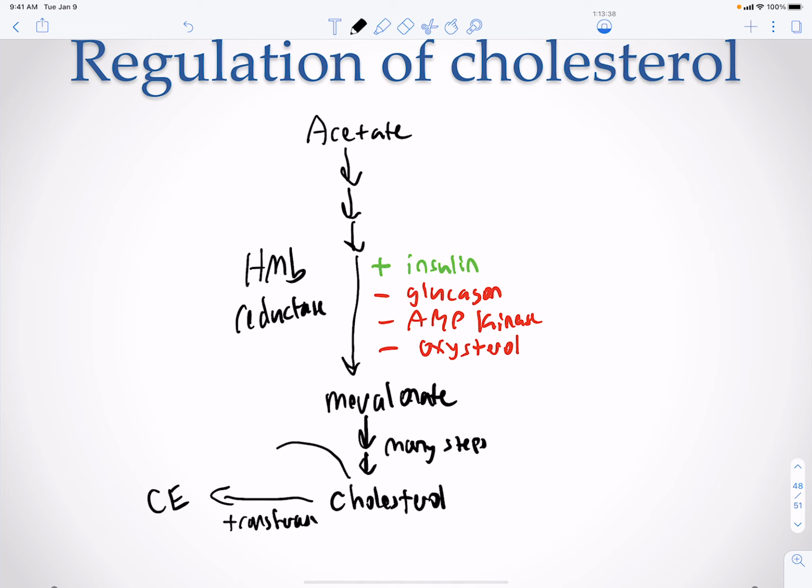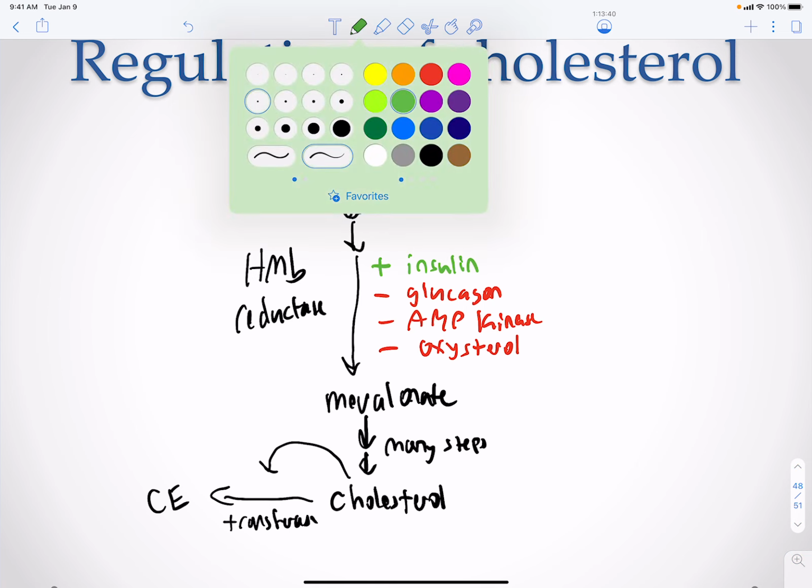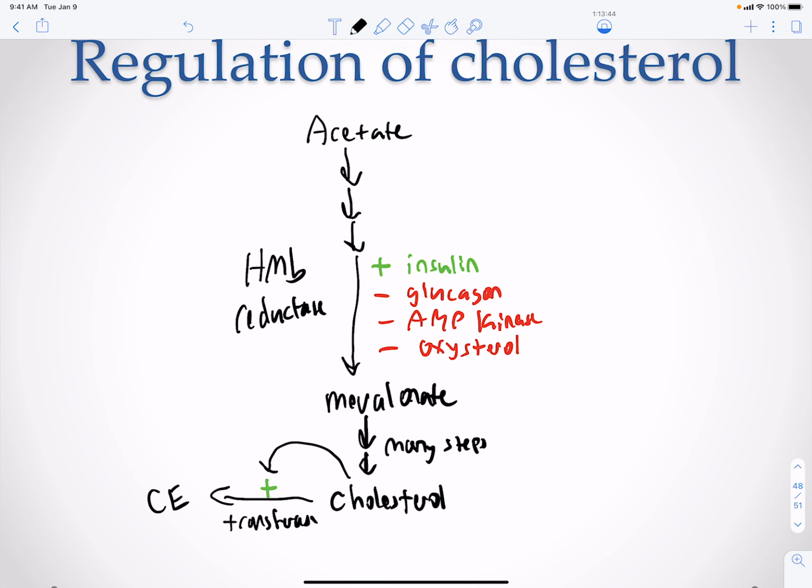And then cholesterol will be a positive regulator of this transferase. Now, alternatively, if this starts to build up, you're going to lead to oxysterol, which is going to increase. And then oxysterol is a negative regulator of making more because it means you have too much cholesterol and it's building up.